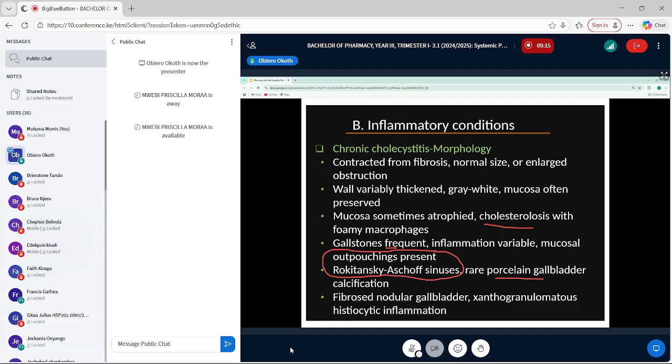The gallbladder can be fibrosed, it can be nodular, it can have a foamy macrophage infiltration, something we call xanthogranulomatous inflammation. You see, all this typically is features of morphological characteristics of chronic cholecystitis. You now don't see the acute inflammation. This is more of a chronic inflammation. Okay?